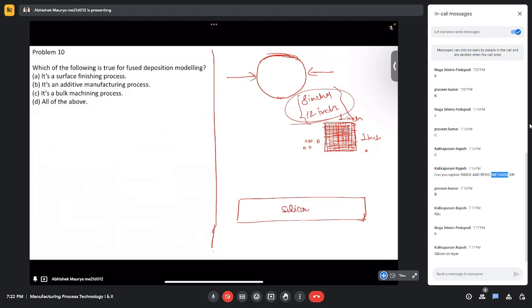and we want to create a silicon oxide layer, but it should not be uniform. These are very small sizes. It should be like 0.1 micron, or let's say 0.01 micron, in this range.